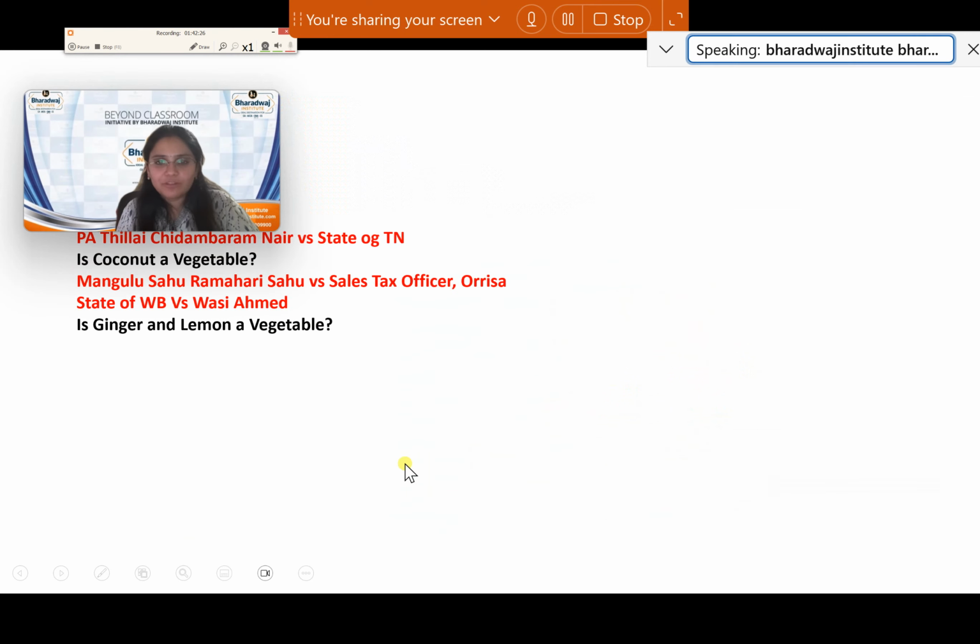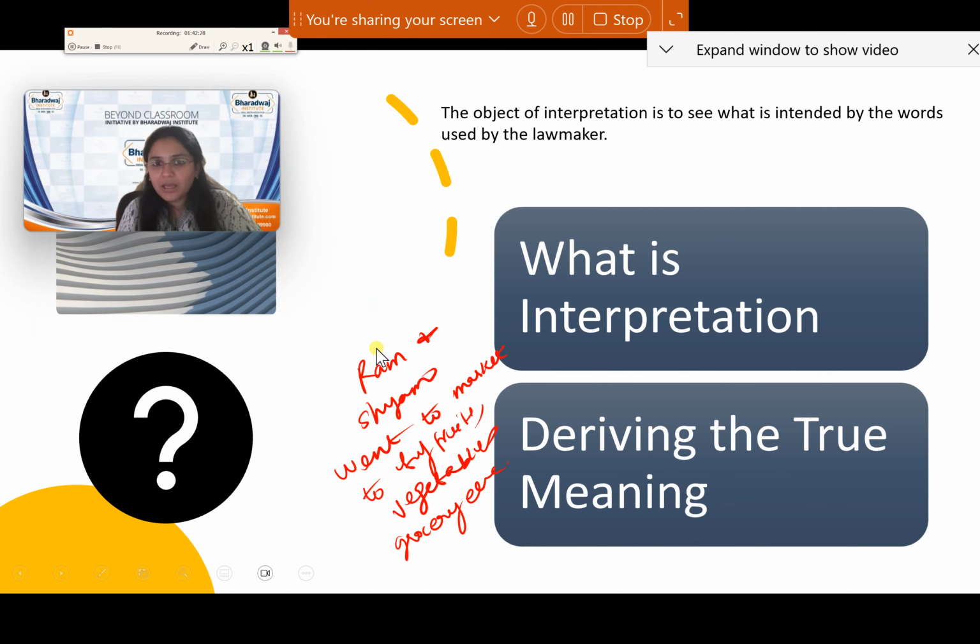Ram and Shyam went to market to buy fruits, vegetables, grocery, etc. இப்படி தானே படிக்கணும். But when you read, if you read it as Ram and Shyam went to the market to buy fruits and vegetables and grocery, etc.